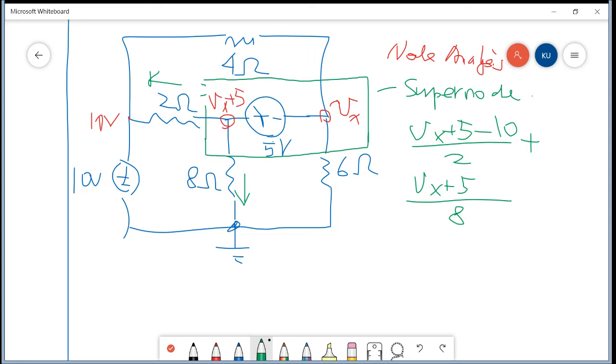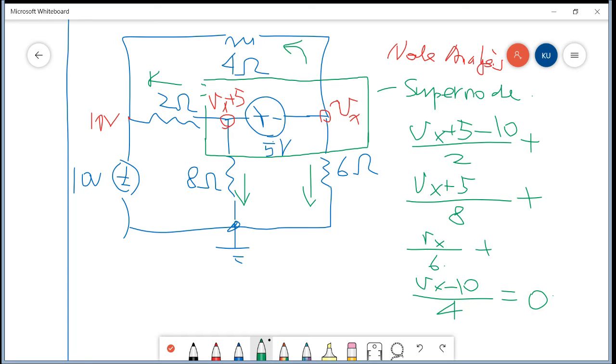So this is the second one, and this is the third one. This node should be Vx over 6. So this is the third current going outside, and then the fourth one, going this way. So this is Vx, this is 10 volts, so this is Vx minus 10 volt over 4 ohm. So equals to 0. So add all the 4 currents, and then equals to 0.